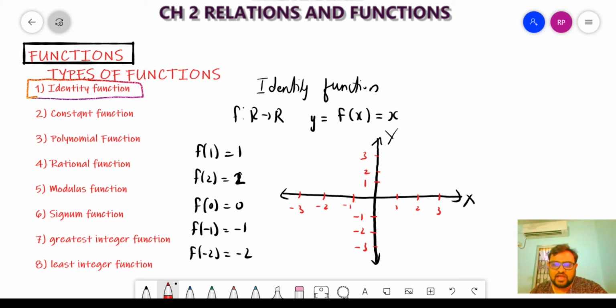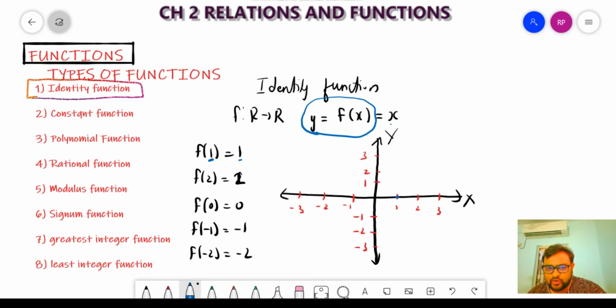So if I draw the graph, when I take the value of x as 1, what is the value of y? Remember, f(x) is equal to y.